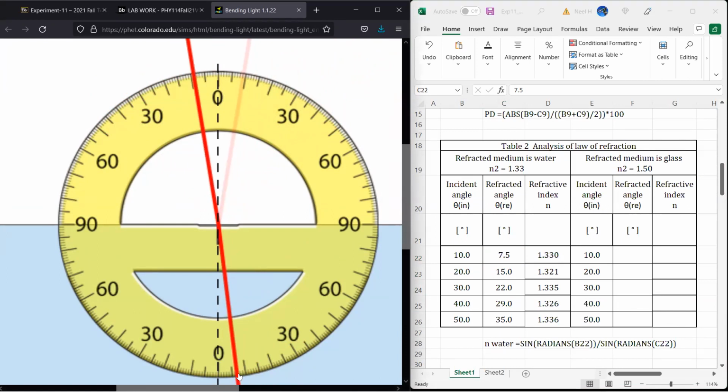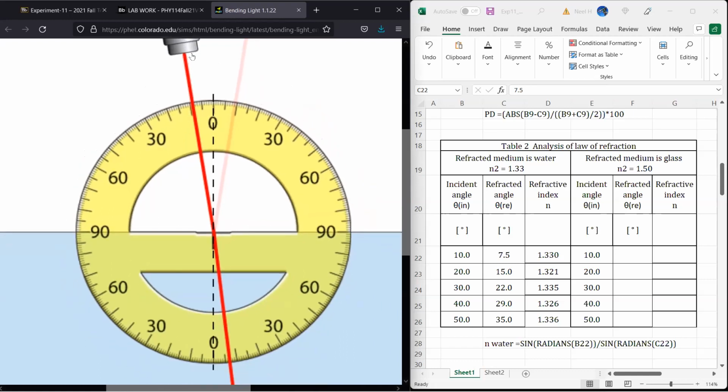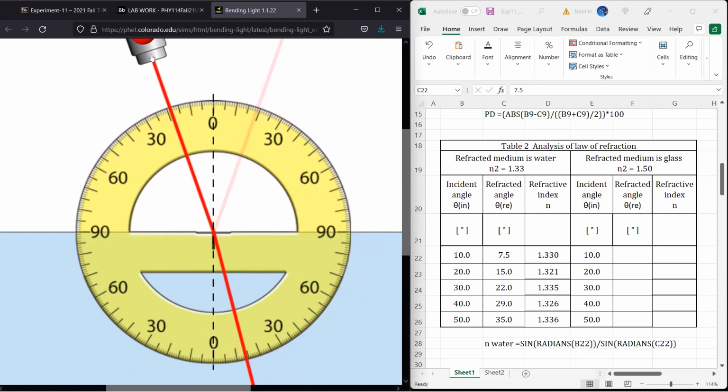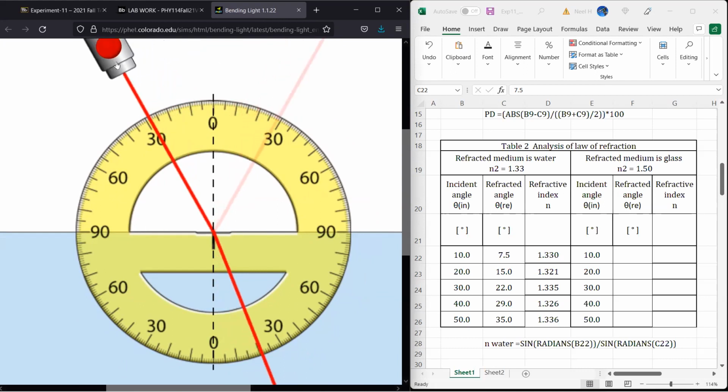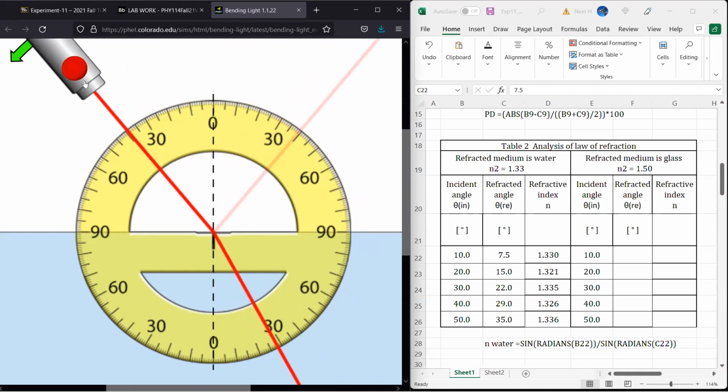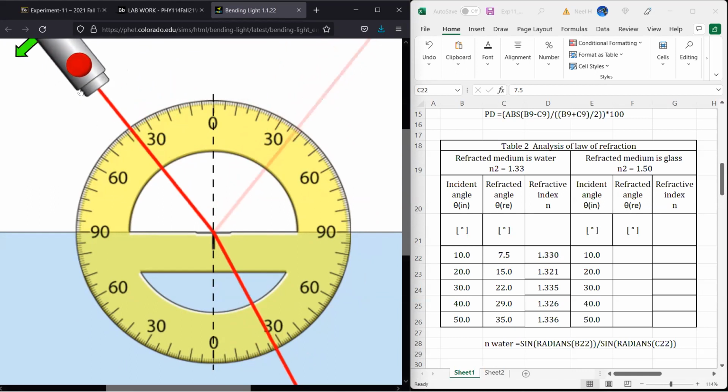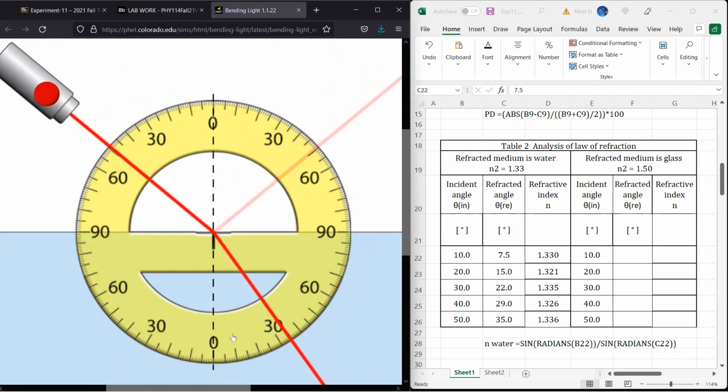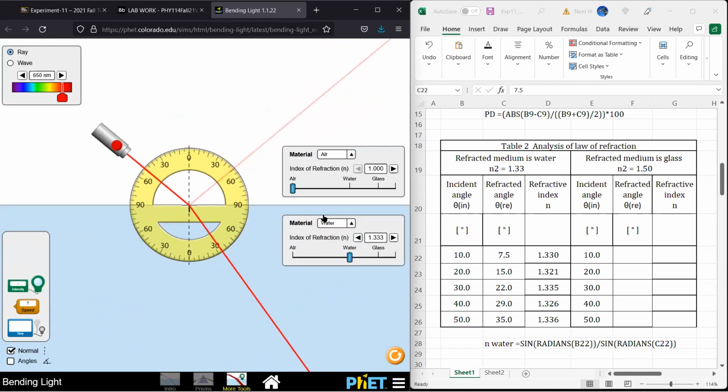Then you measure this point right here, that is 7.5. Then you change the incident angle to 20, come here, then you measure this point, that is 15. Then you go 30. Then you come here and measure this point, 22. Then you go 40. Then you come this side, measure this point, 29. Then you go 50. Then you come this side, measure this point, that is 35. Okay, all right, thank you.